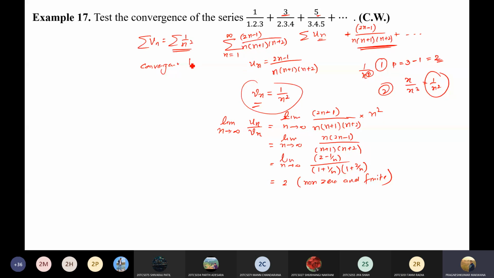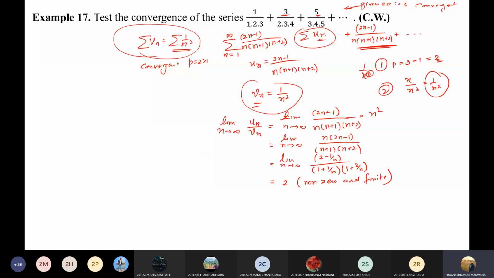By using the P series, p is equal to 2 and that is greater than 1. So this series Vn is convergent. Then by the limit comparison test, what about the series Un? Convergent. So this given series is convergent.